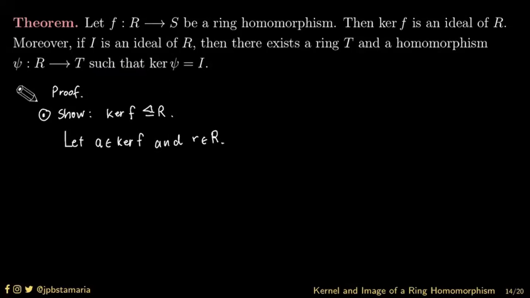Ang kailangan natin ma-prove dito, dapat yung RA tsaka yung AR are elements of the kernel, na-absorb ng kernel. Okay? By the way, since A is in the kernel of F, that means to say that F annihilates A. When you say F annihilates A, it takes A to the zero of S.